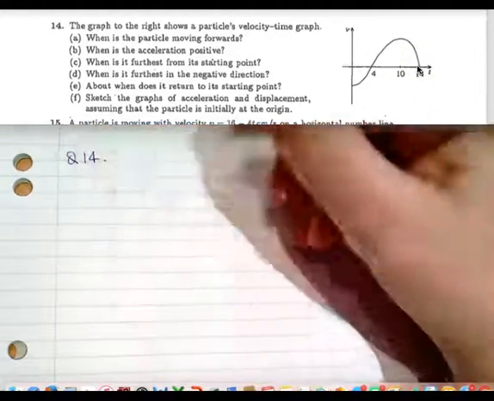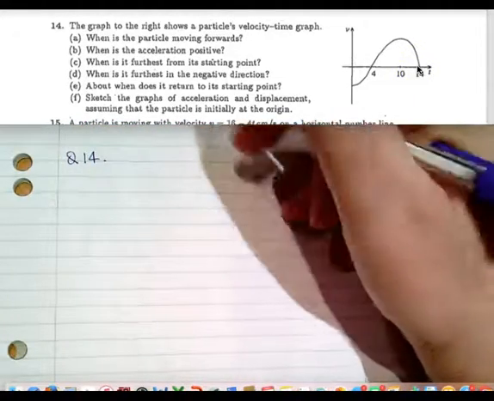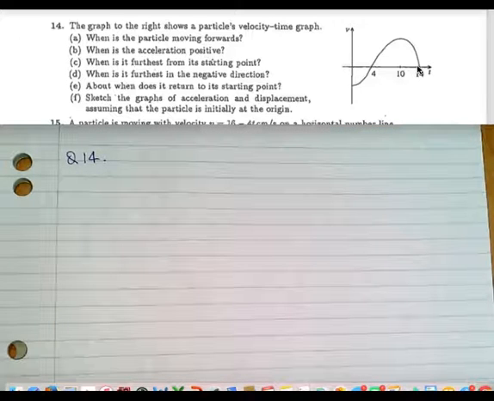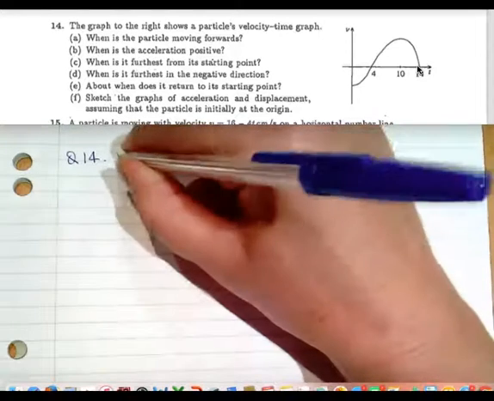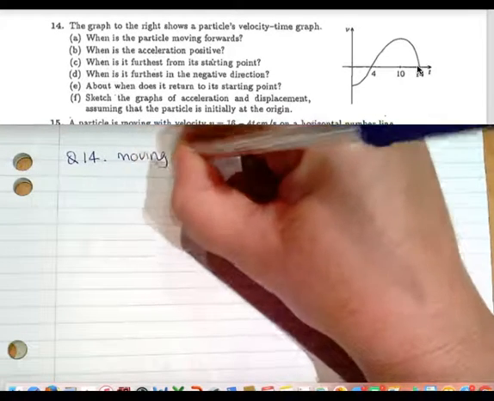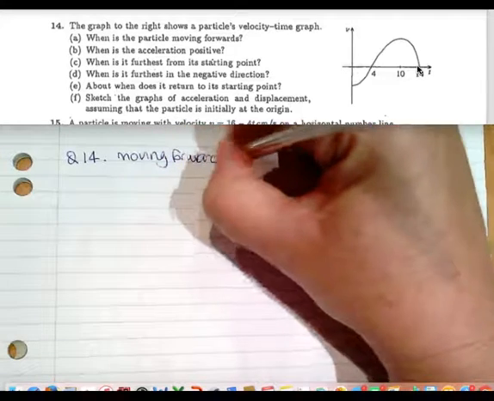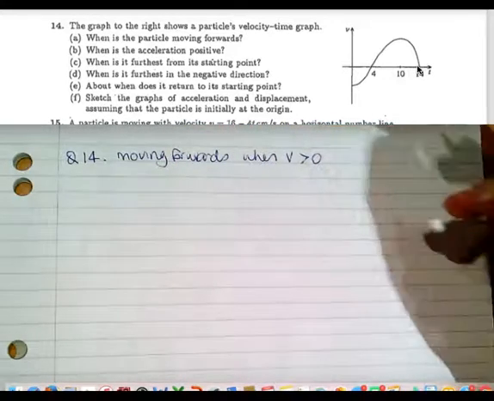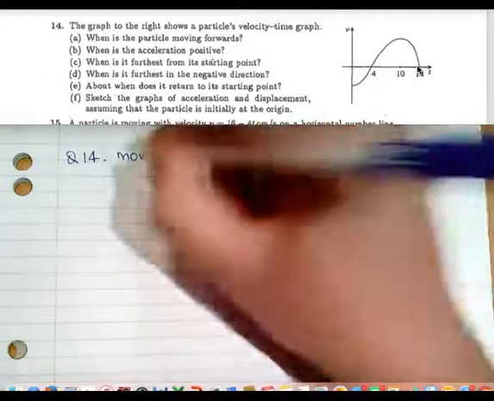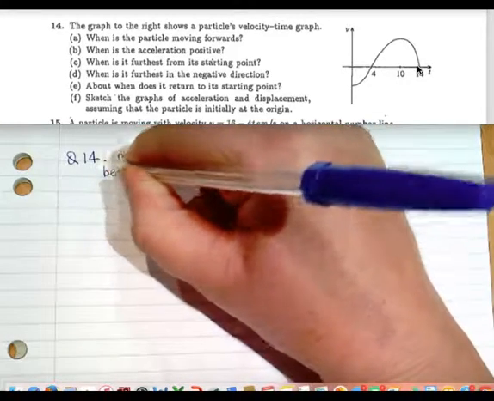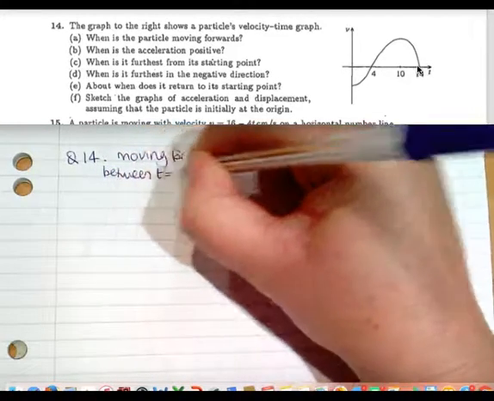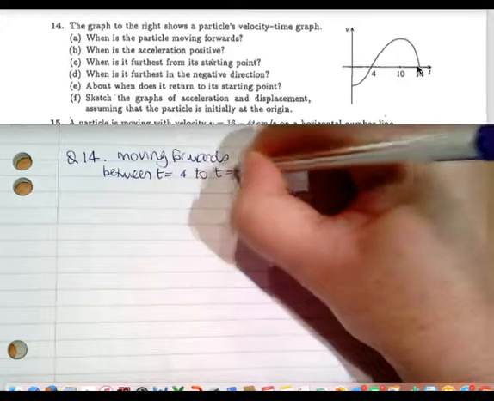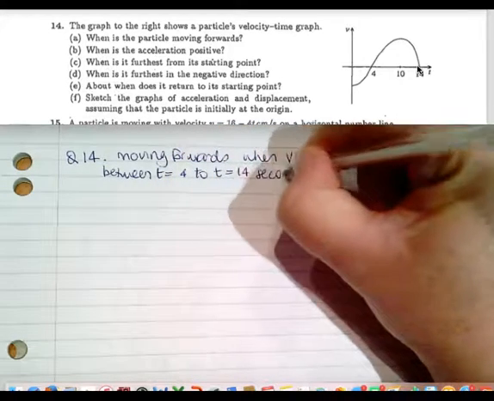It says, when is the particle moving forwards? Moving forwards is when velocity is positive, greater than zero. Positive velocities occur between t equals 4 through to t equals 14 seconds.